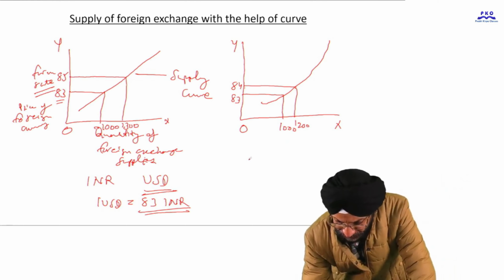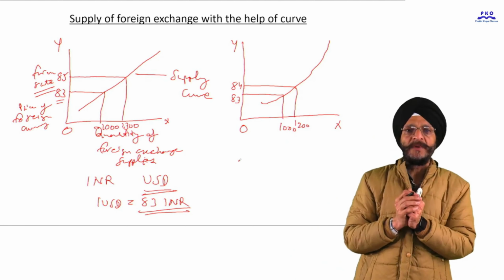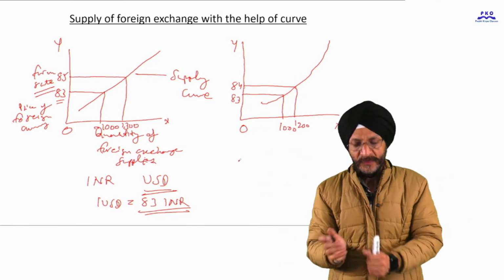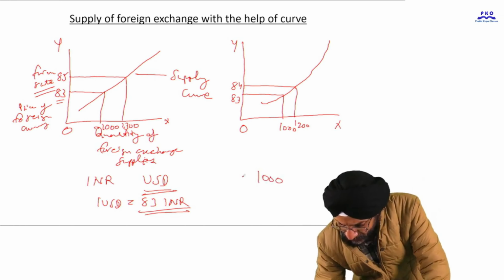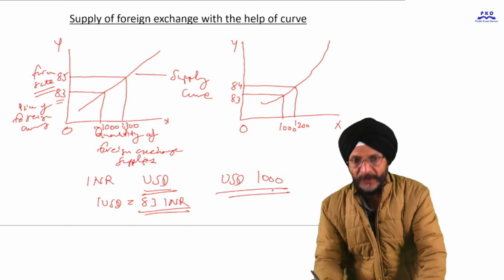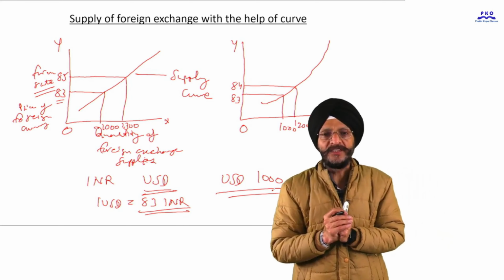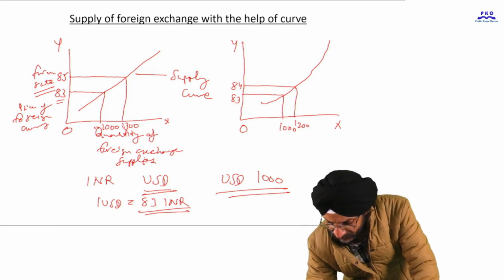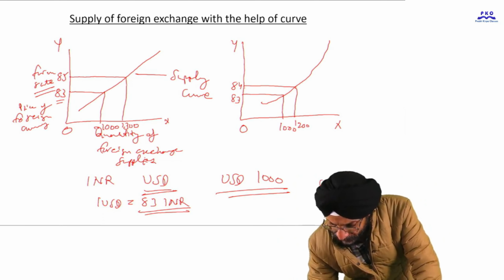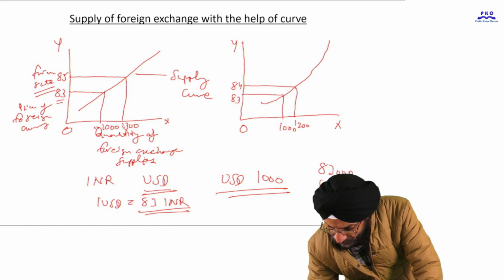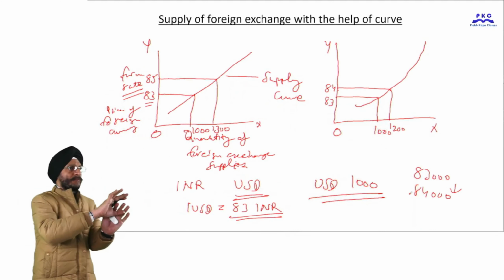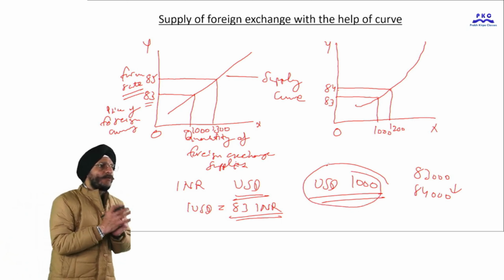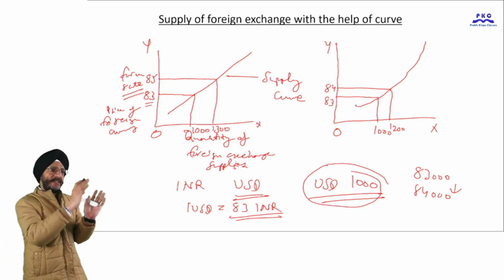For example, if there is a businessman who is supplying goods to the USA worth 1000 US dollars, if the forex rate increases, for the same goods supplied, he will receive 84,000 rupees. For goods worth 1000 US dollars, he will be receiving more money in domestic currency.